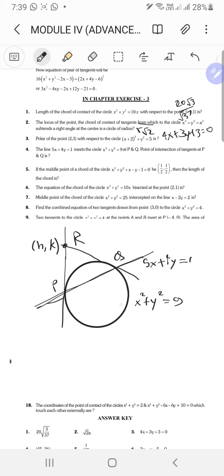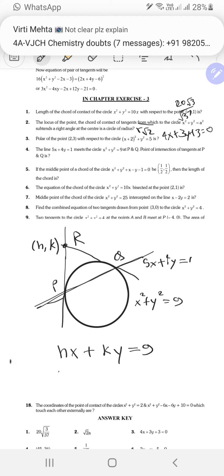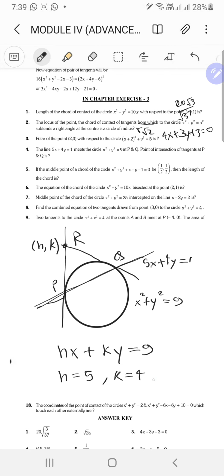So now let's just find the polar of h comma k with respect to this circle, right? So h times x plus ky equal to 9. Over here h is 5, k is 4, and 9 is 9.